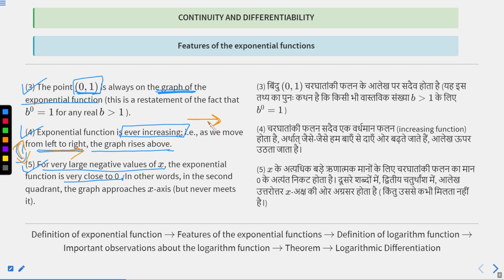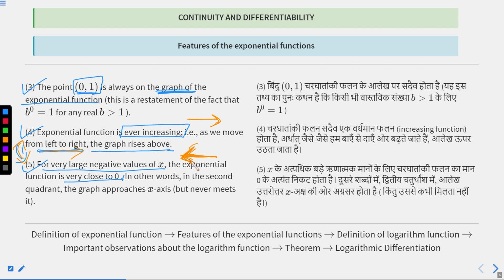The fifth point says that if you move right to left, towards negative infinity, your graph will be very, very near to the x-axis.